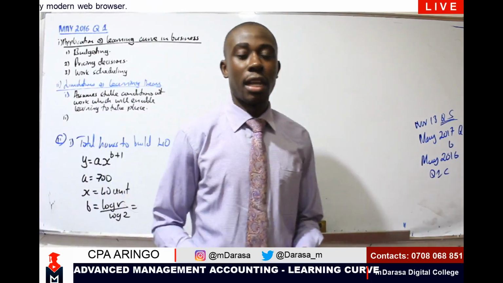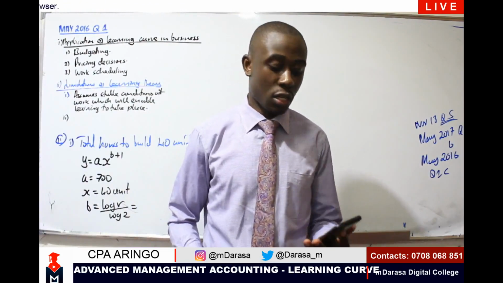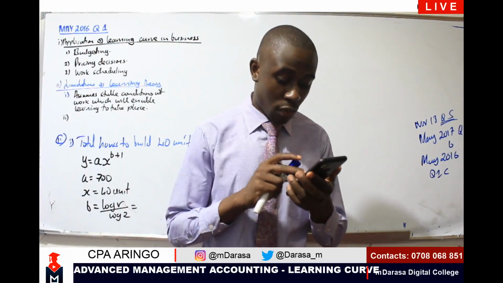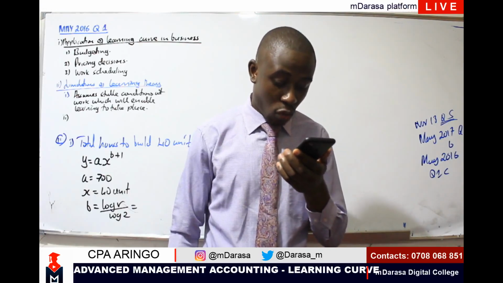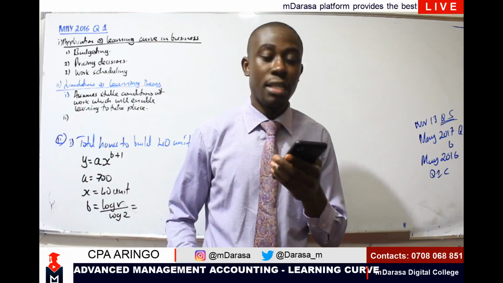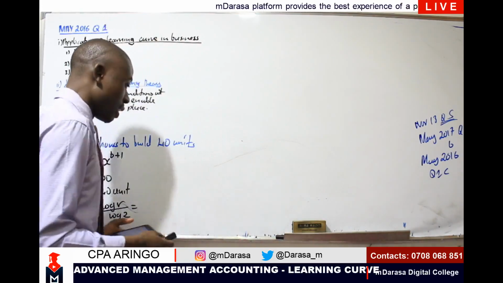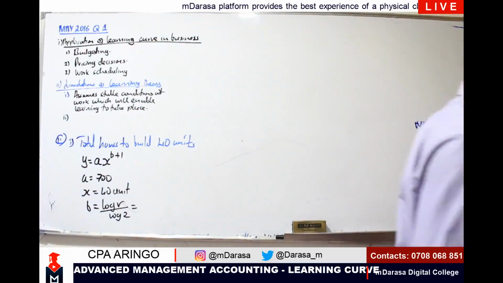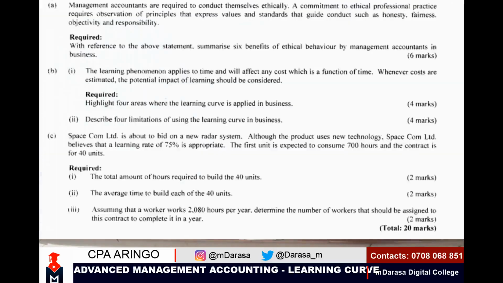He gave us a learning rate of 75%. That will be easy for us because I know very well I should be talking of log R, which is rate. Maybe a person will be asking, Mwalimu, where are you getting this? Believes that a learning rate of 75% is appropriate.